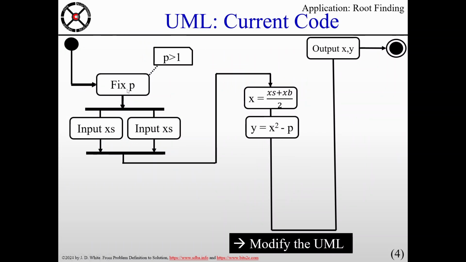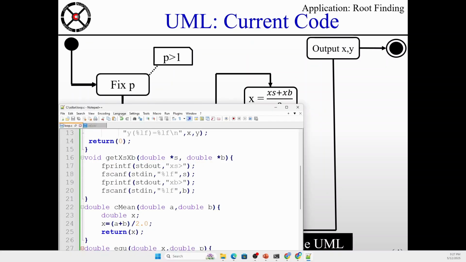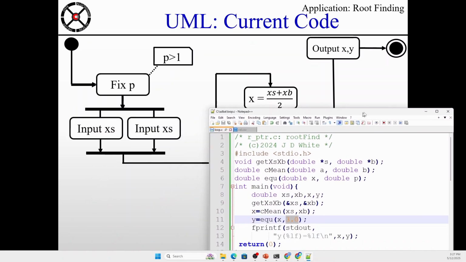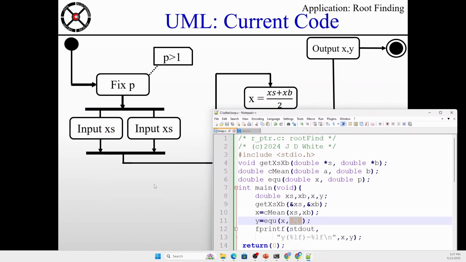Okay, there's the UML for the code that we have right now, right? Our program starts, we fix P. Right, we have the fixed P right there. You can see, if I look here, as our program starts, we fix P. For example, here I fix P equals 3 when I called the equation. I inputted XS and XB.